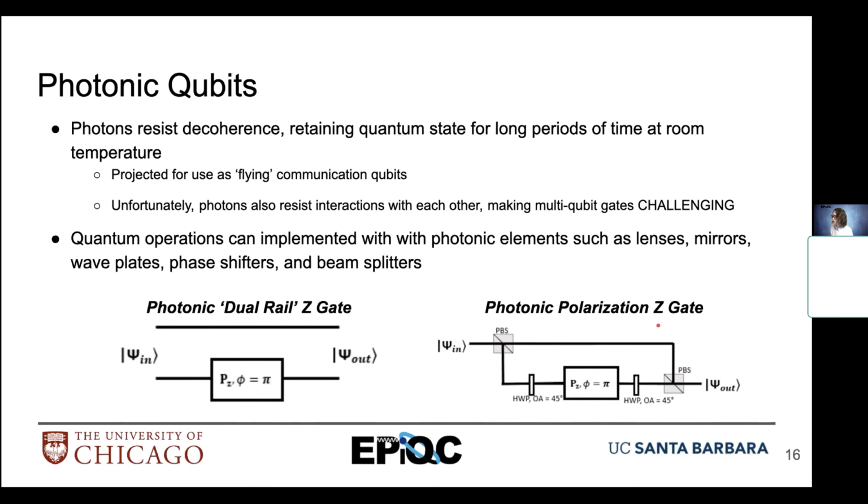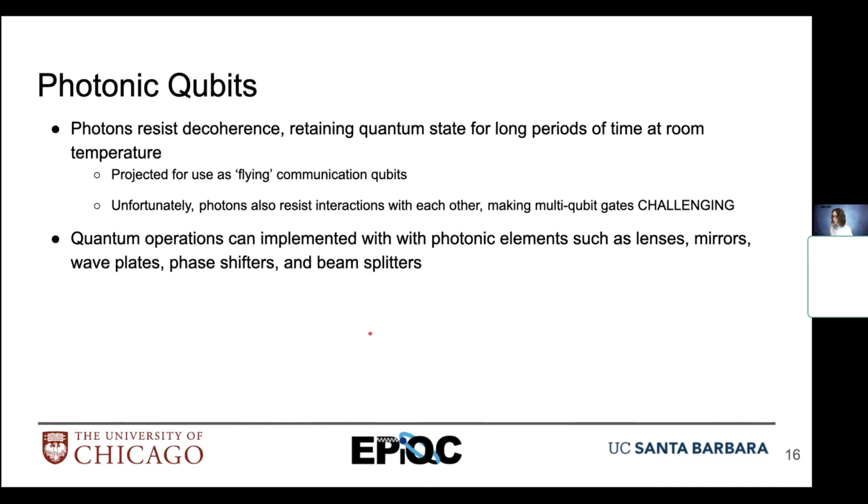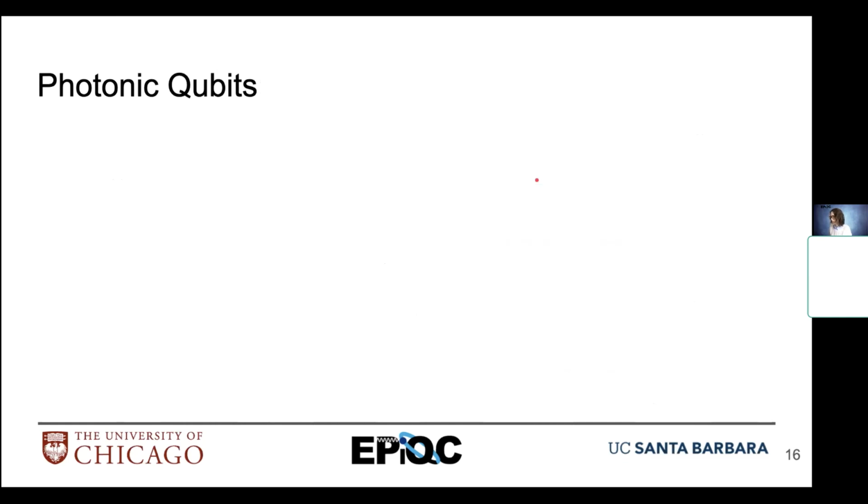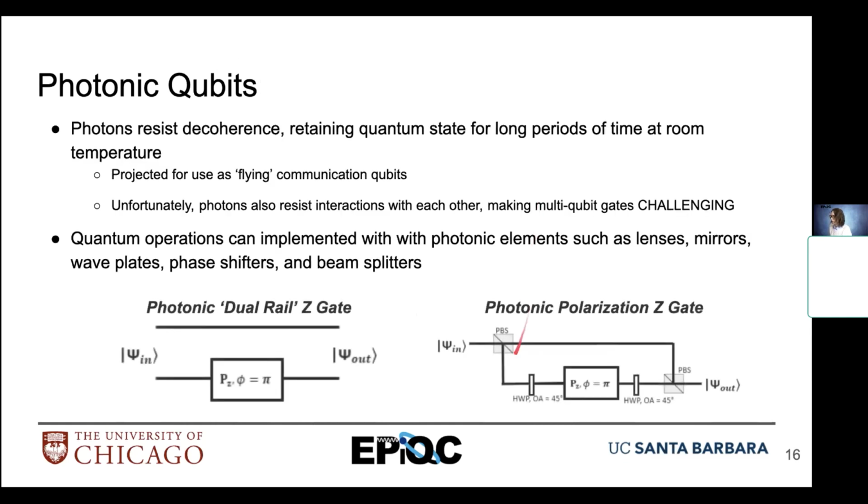So for the photonic polarization Z gate implementation, we have our qubit state implemented as a polarization of that photon. We can go back and see that if we have a horizontal polarization, that's |0⟩, vertical polarization, |1⟩. So we build this structure so that with this polarized beam splitter, we pass the photon through. And if we're in a state |1⟩, we go ahead and go to the bottom rail.